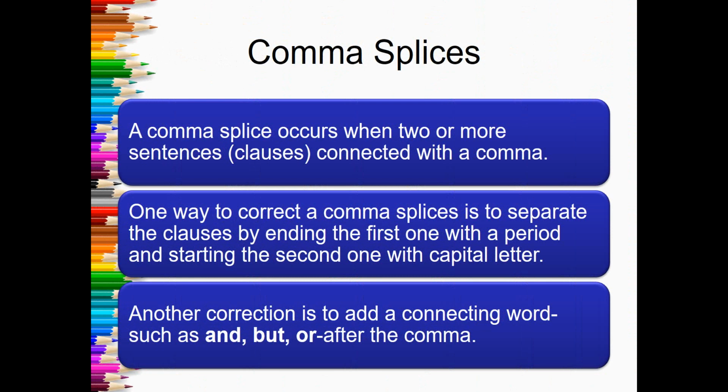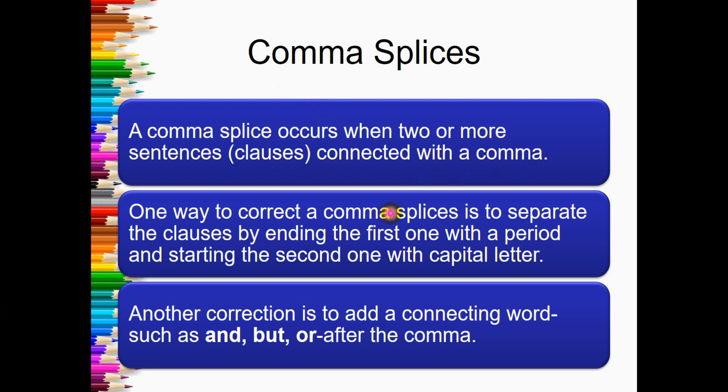Another problem that happens a lot in writing is comma splices. What is a comma splice? A comma splice is when two or more sentences or clauses are connected with a comma. Remember, you have to separate sentences with a period or a full stop, not with a comma.